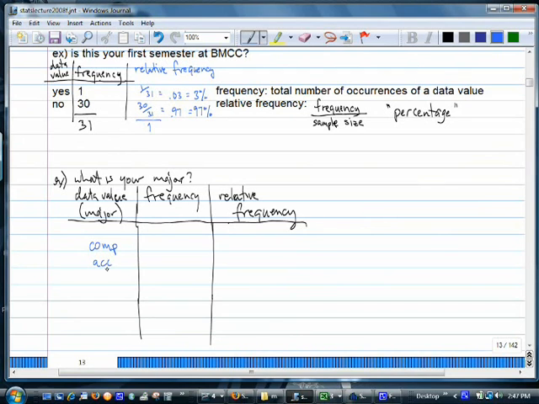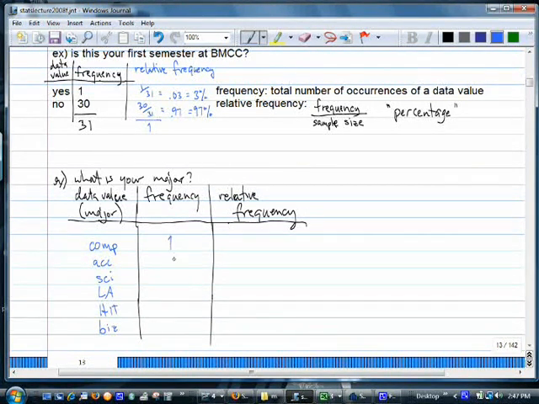HIT is health information technology, and then business. Okay. And now the frequencies: 1, 2, 1, 2, 2, 1. Okay.